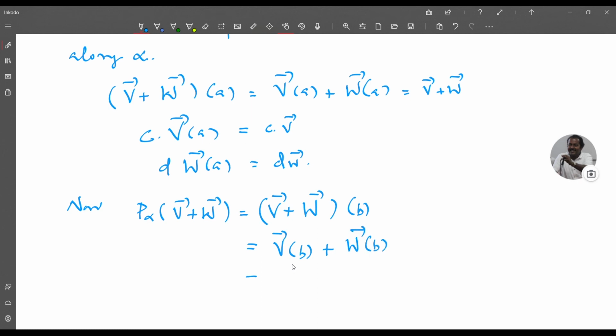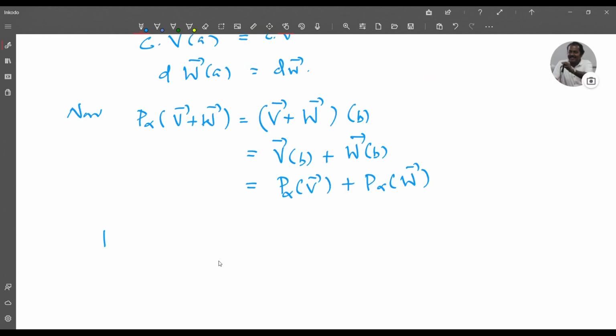So you know that this is actually P alpha of v plus P alpha of w. Similarly, P alpha of cv is equal to c into V(b).